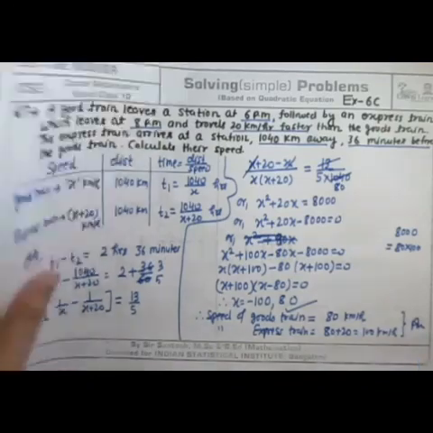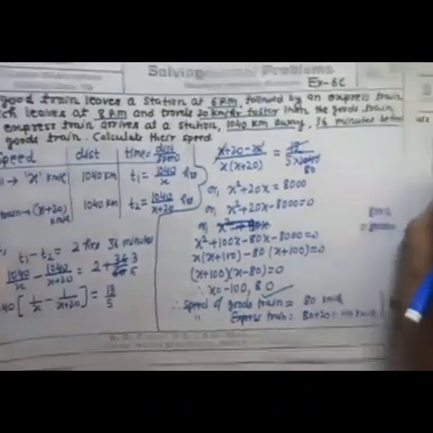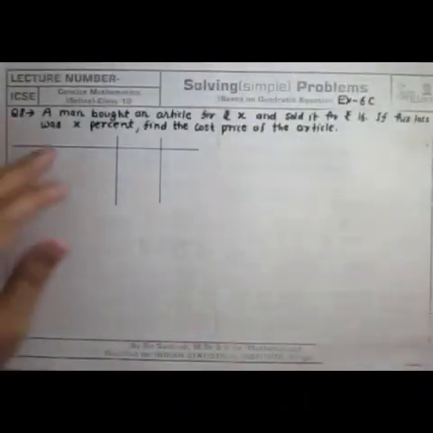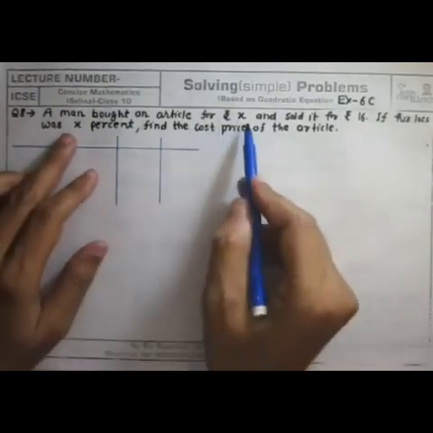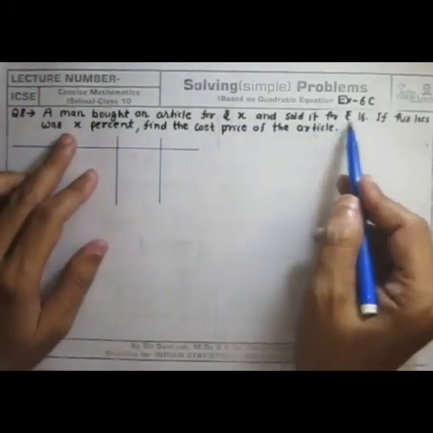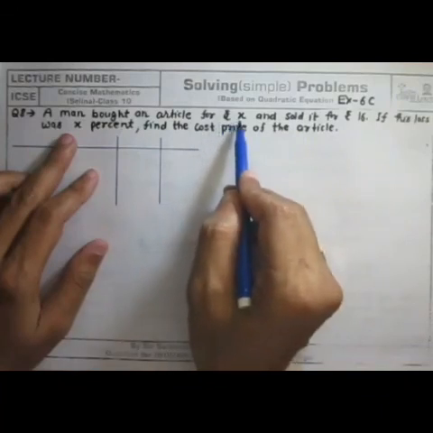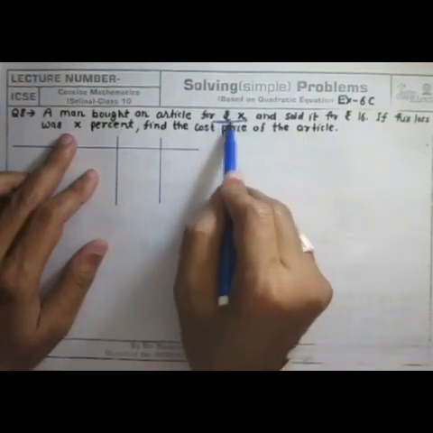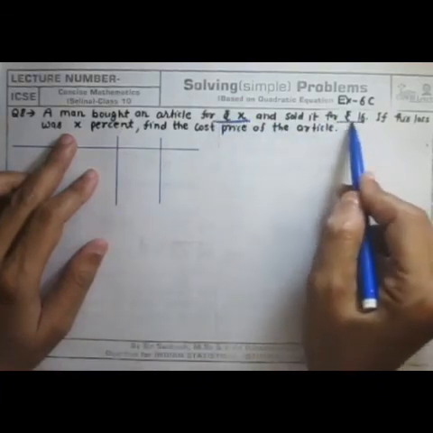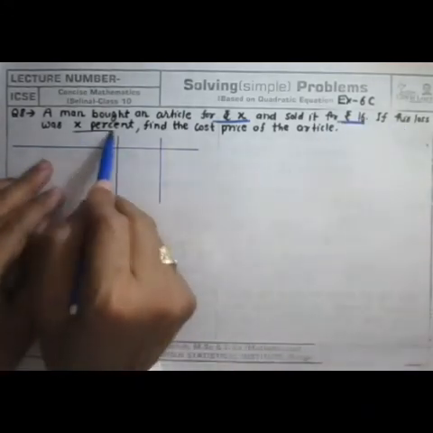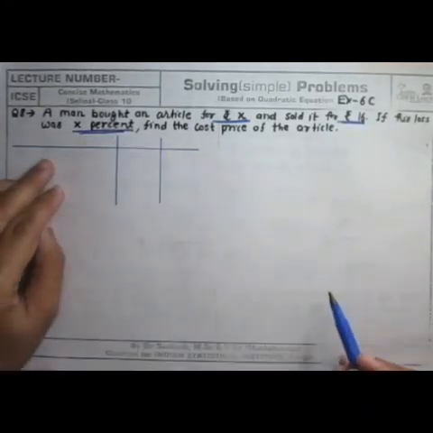Now question number 8. A man bought an article for rupees x and sold it for rupees 16. So this is the cost price and this is the selling price, and if his loss is x%, this is the loss percent, find the cost price of the article.